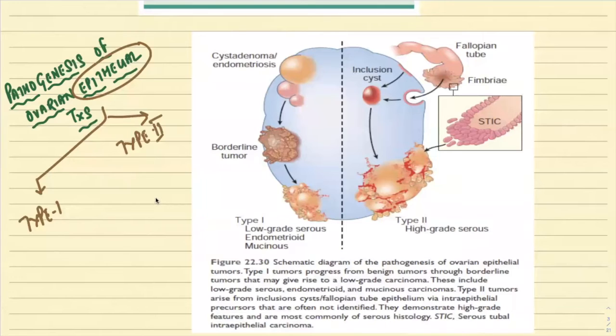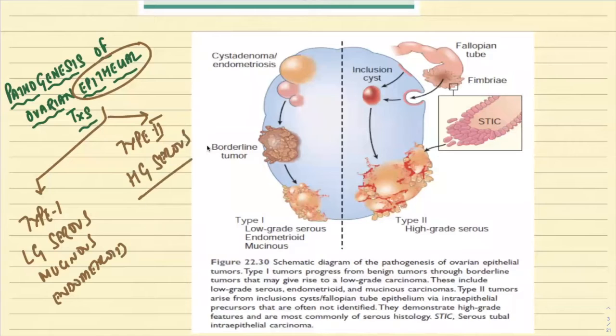Among the type 1, you have low grade serous tumors, mucinous tumors, and endometrioid ovarian tumors. Whereas in type 2, you have the high grade serous tumor.